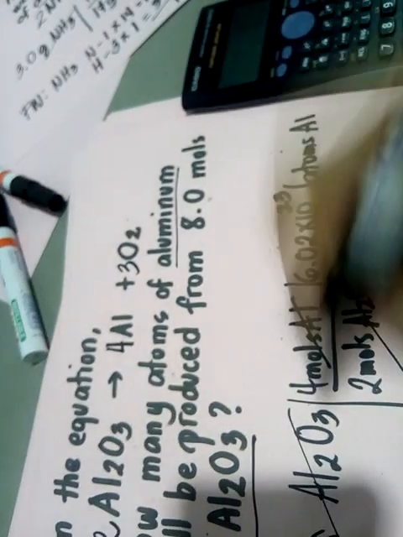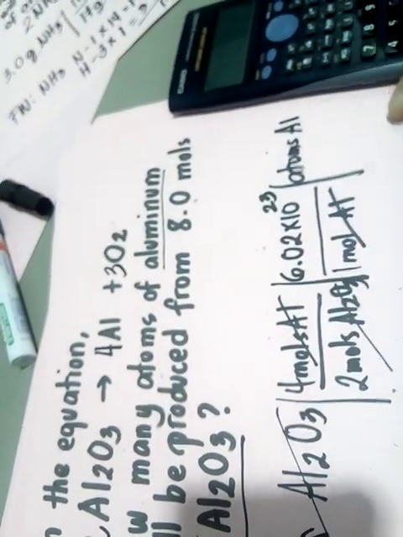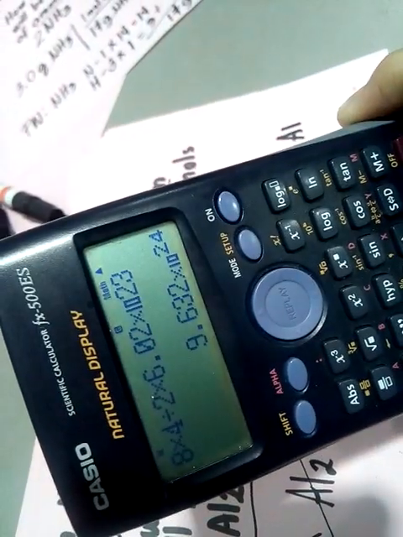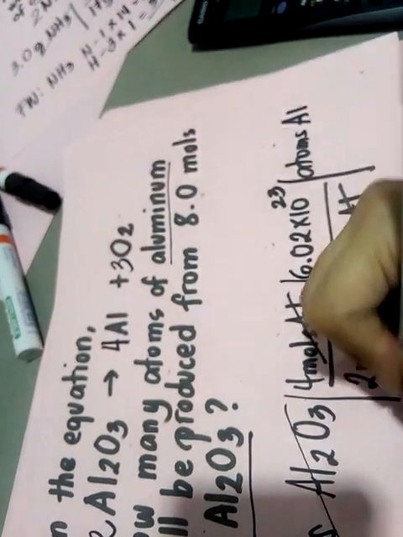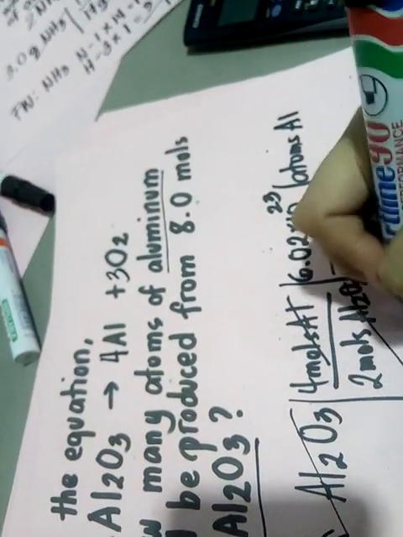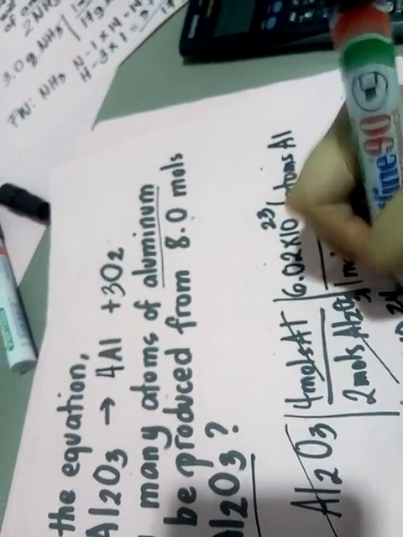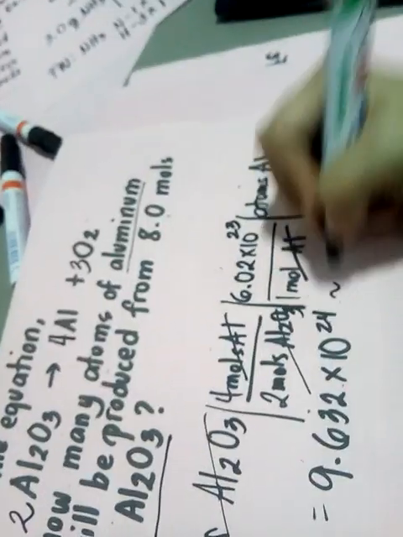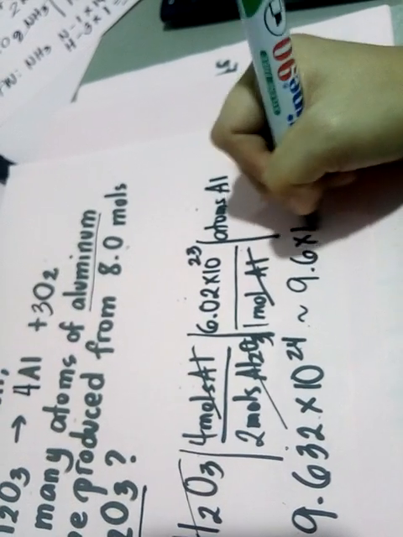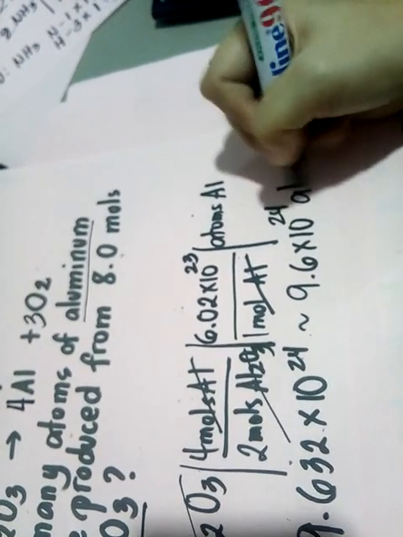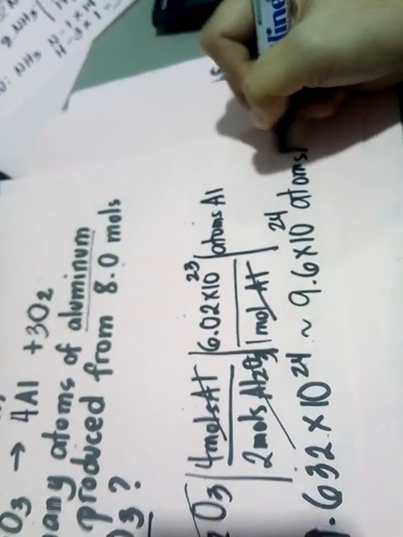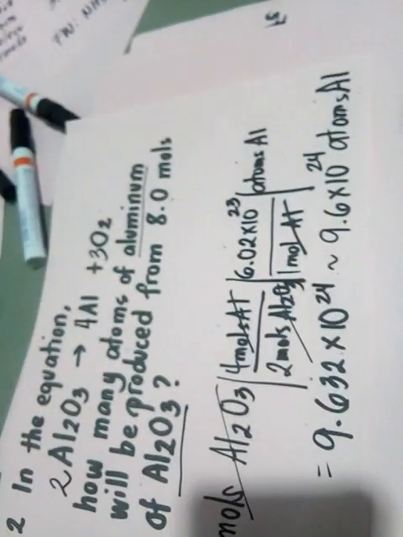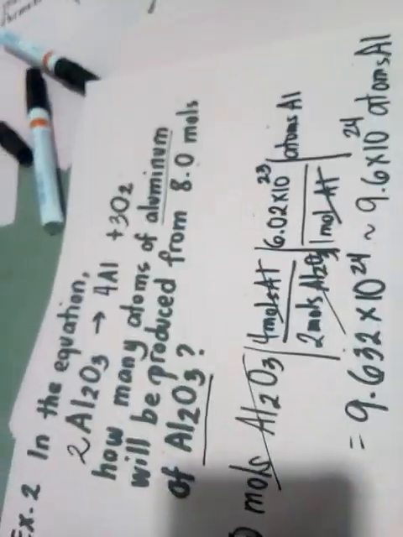Execute. The answer is 9.632 times 10 raised to 24. But you have to express it in the correct SF. So the answer is 9.6 times 10 raised to 24 atoms of aluminum. That's it for mixed problems in stoichiometry.